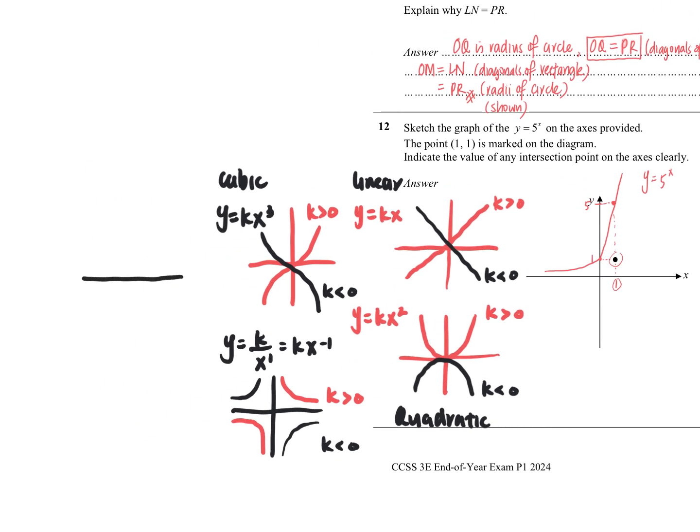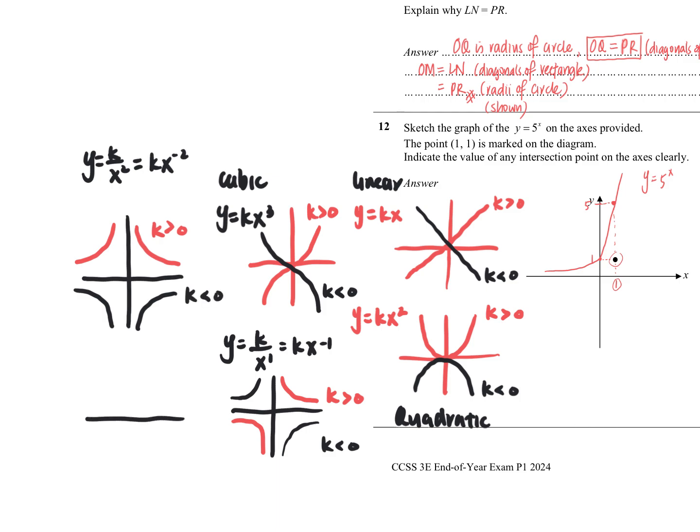Then what if it's a square? This one is just called an odd power graph. Okay, then when it's positive on both sides, both up, or both down, take note of the difference.